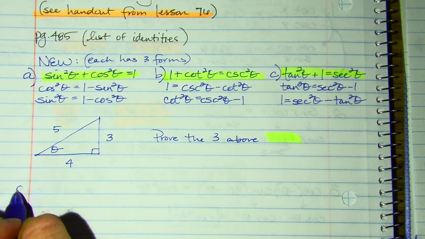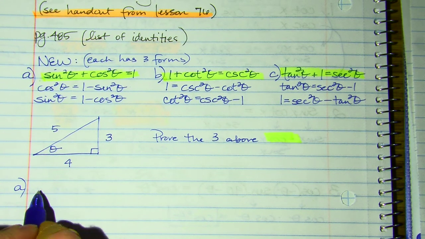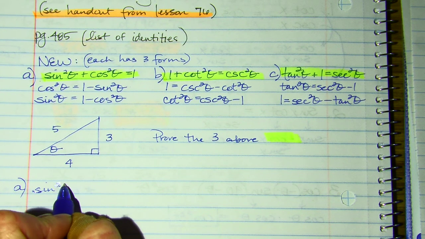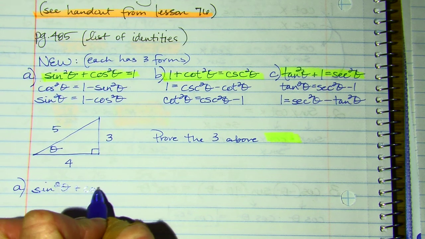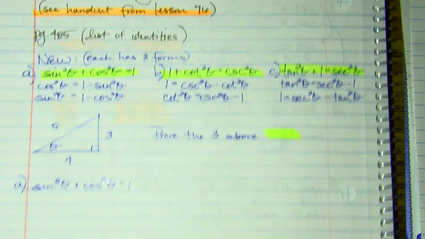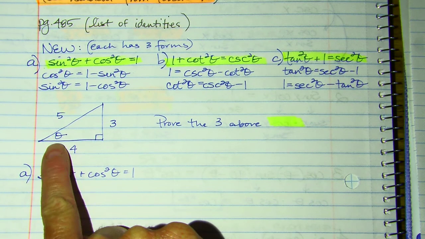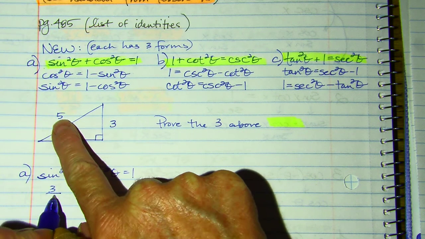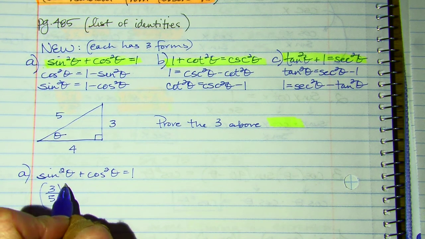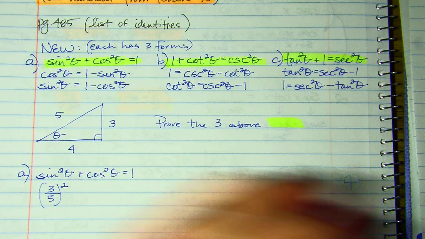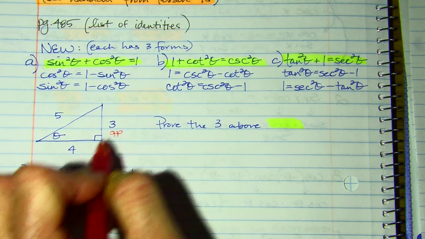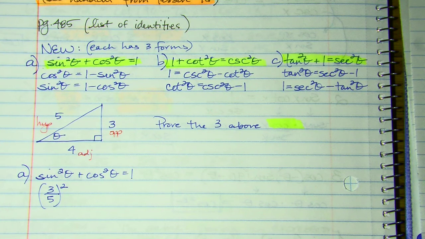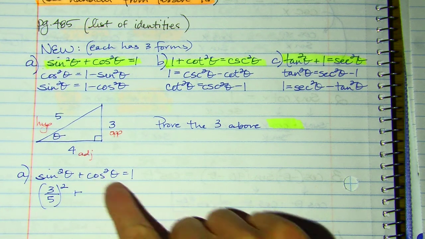So I'm going to prove part A. If I said the sine squared of theta plus the cosine squared of theta equals 1. So here's theta. The sine of theta would be opposite over hypotenuse squared, and here I'll label the sides. So I have opposite, adjacent, hypotenuse, plus the cosine squared of theta.